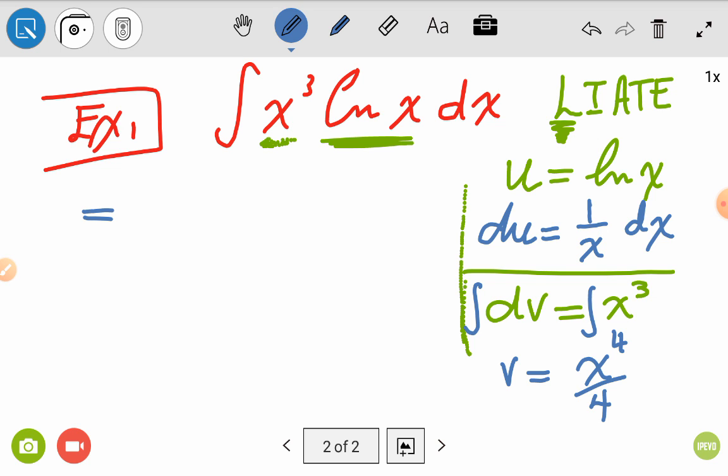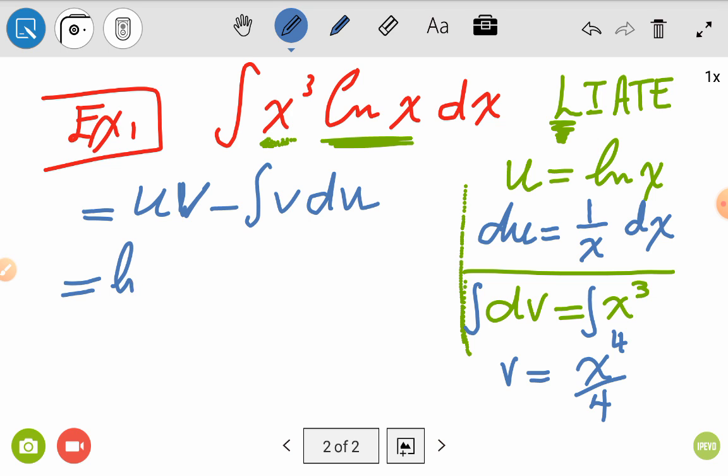We said that to use integration by parts, we should substitute in uv minus the integral of v du. Then here, what's the value of u now? u is ln x. Then v, which is x to the power of 4 over 4, which is 1/4 x to the power of 4 ln x.